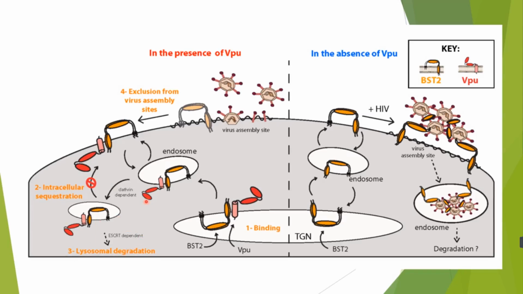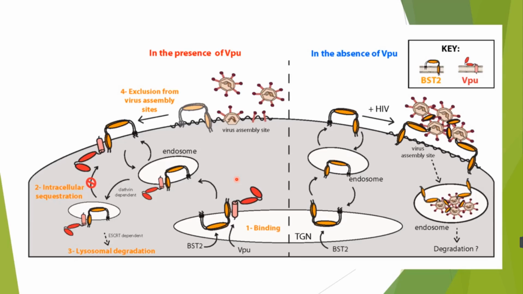So VPU is interfering with normal membrane trafficking of proteins. NEF also does something similar to this. It interferes with normal protein trafficking, except for tetherin. NEF doesn't have any anti-tethering capabilities. But like I said earlier, these proteins that are being produced have multiple sites that they can hit.